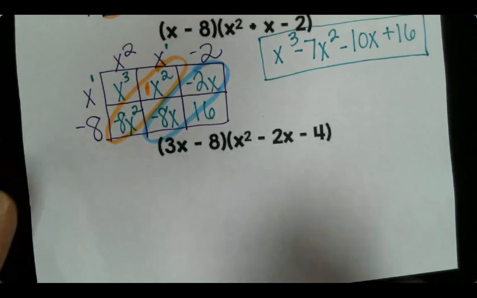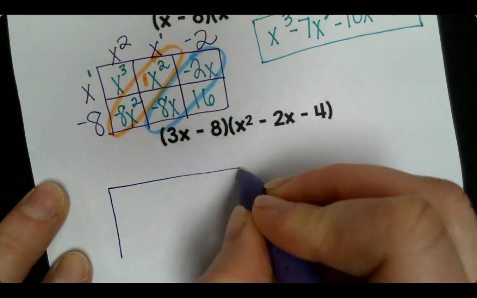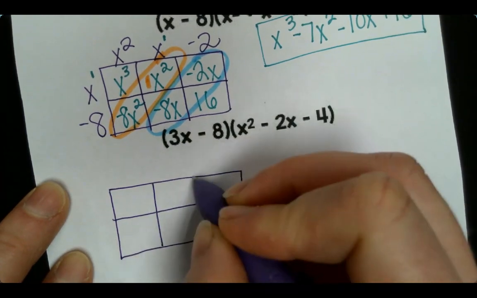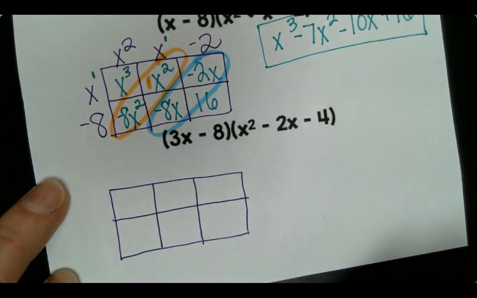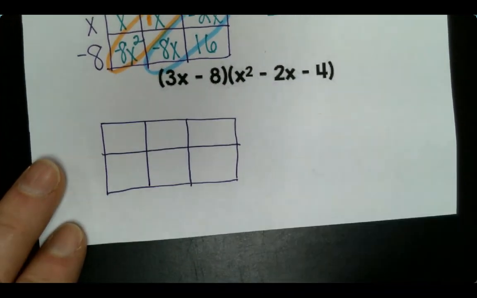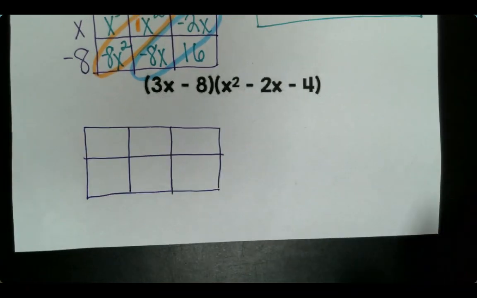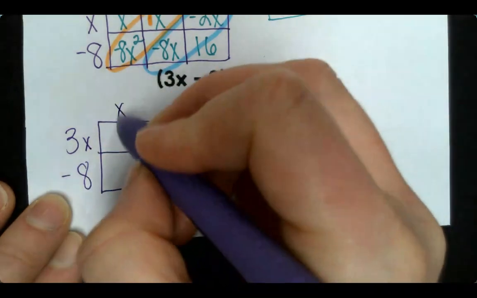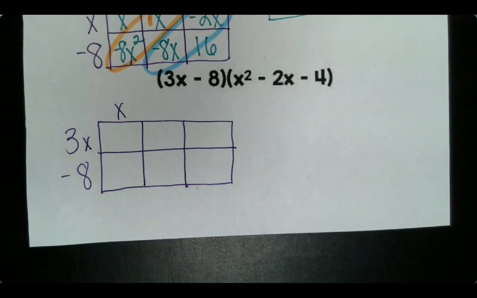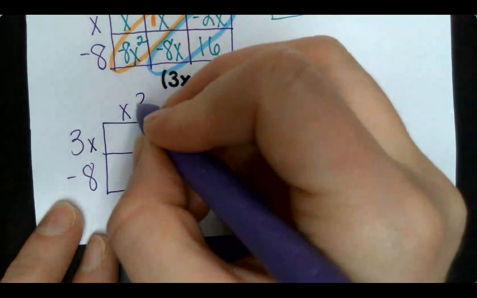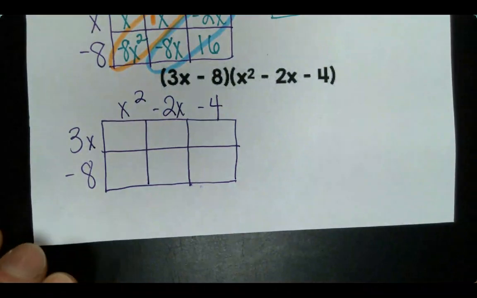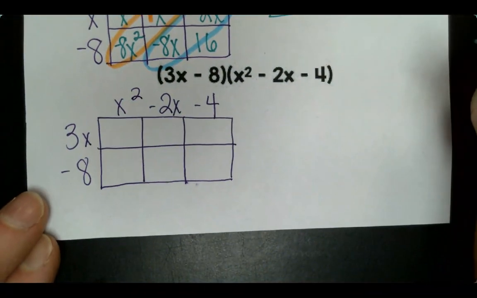All right, let's do the last one. It's also a 2 by 3. Go ahead and multiply them out.